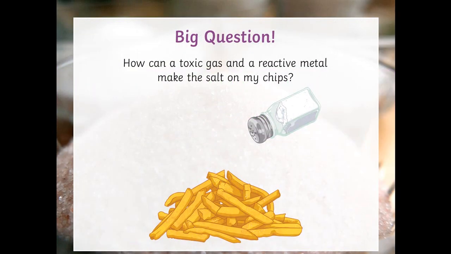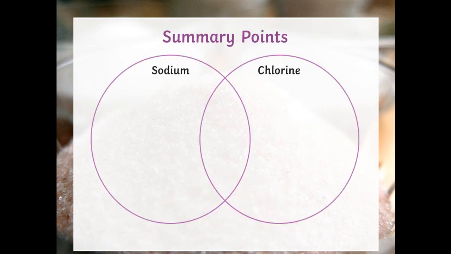How can a toxic gas and a reactive metal make salt? So here we will discuss what the differences are between sodium and chlorine. Sodium is a metal, and so the physical state of sodium is solid.